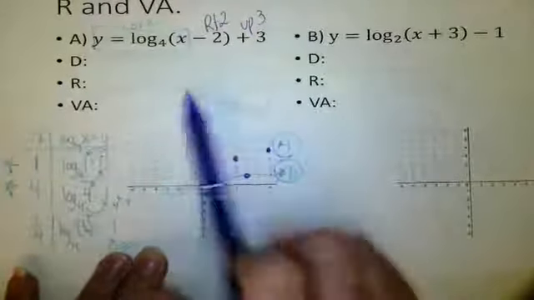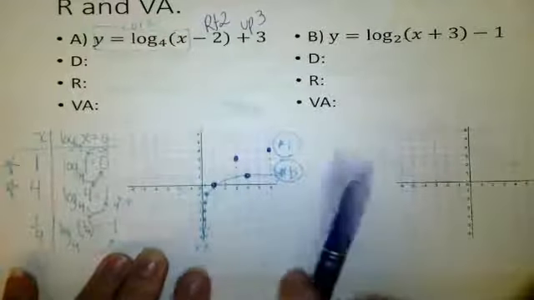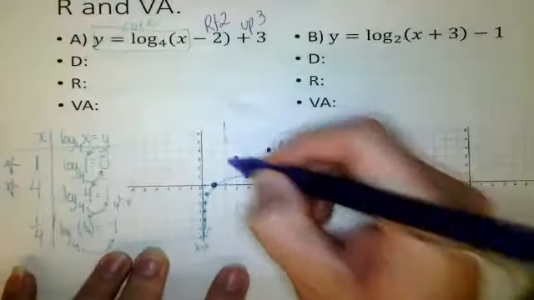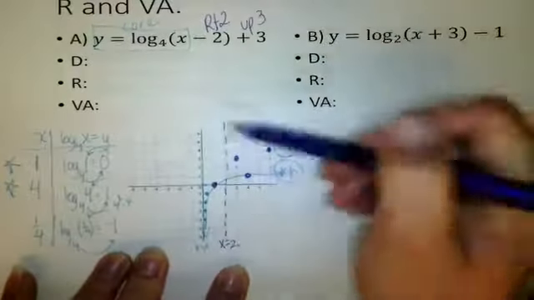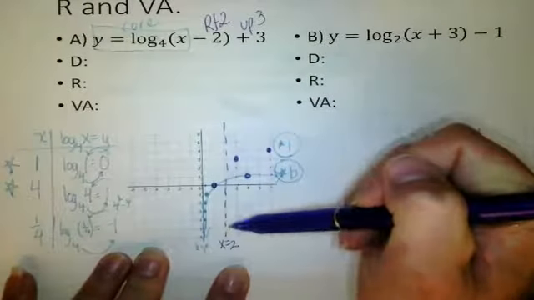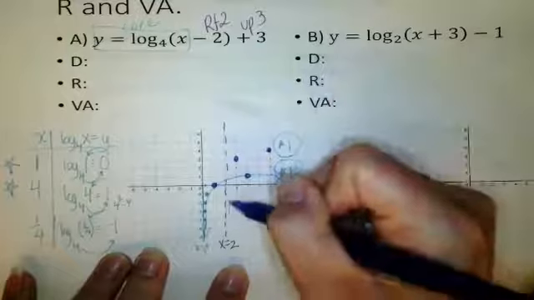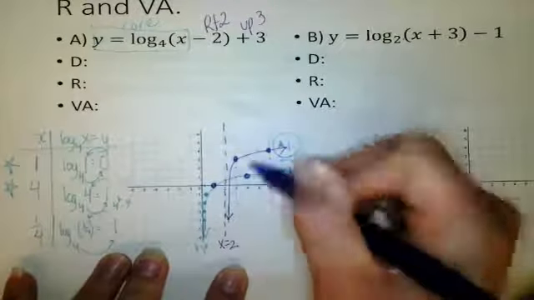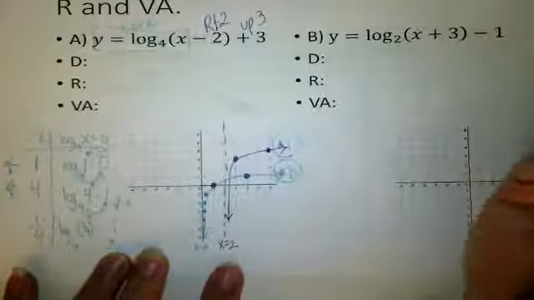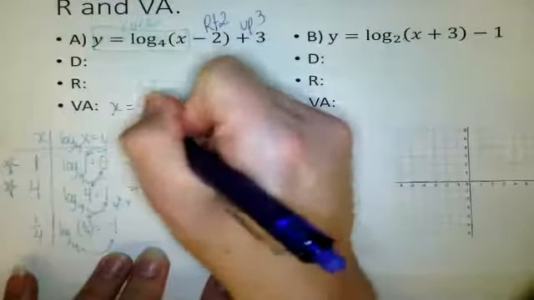It's going to shift right 2 units as well. So now it's right here at x equals 2. You must have a vertical asymptote on your graph. I need to see that asymptote. That is the most important feature, apart from the shape. So we have a vertical asymptote at x equals 2.